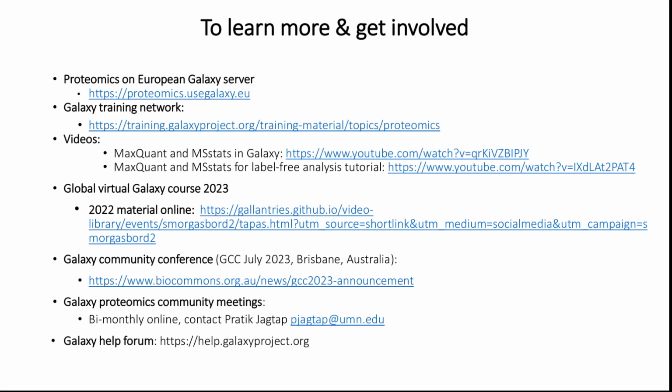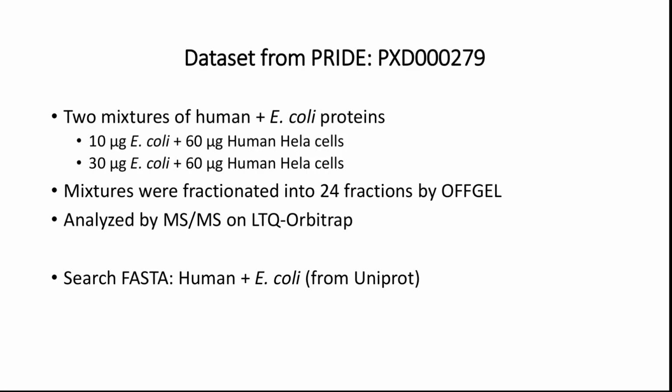And now we switch to the hands-on part. For the hands-on analysis in Galaxy, we will use the same dataset as was used last month. There are two different mixtures of human and E. coli proteins, and each mixture was fractionated into 24 fractions and analyzed as triplicates on an LTQ Orbitrap.